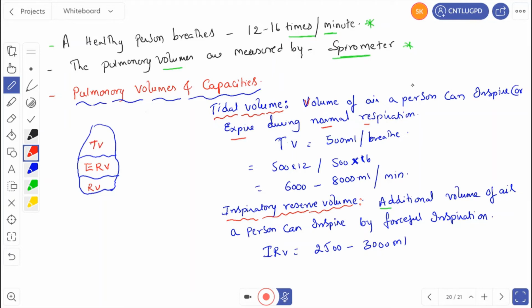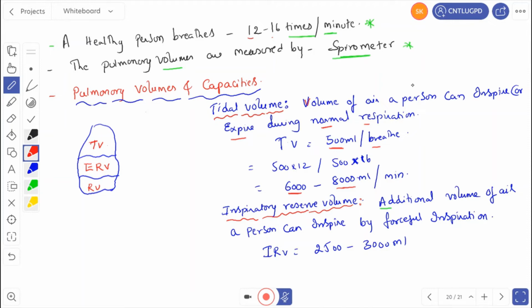A person inspires this air and sends out the same amount. That means tidal volume is inspired and tidal volume is expired. It is 500 ml per breath. A person breathes 12 to 16 times, so 500 into 12 or 500 into 16 gives around 6000 ml to 8000 ml of air per minute. That is tidal volume.